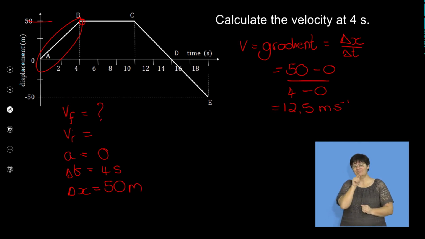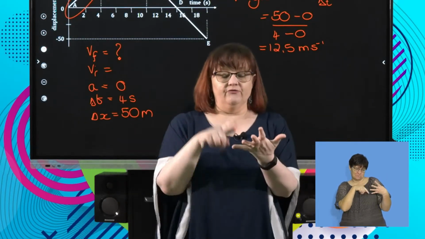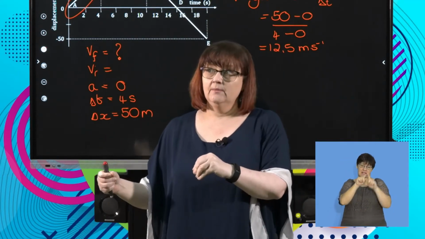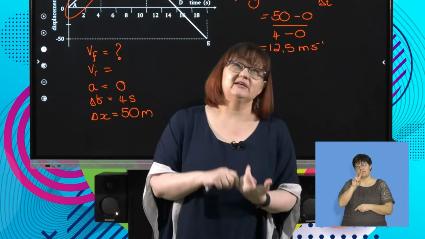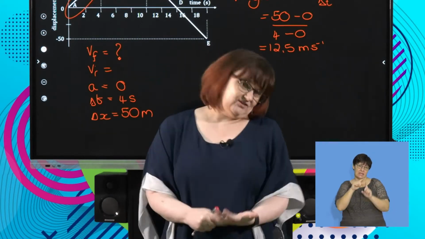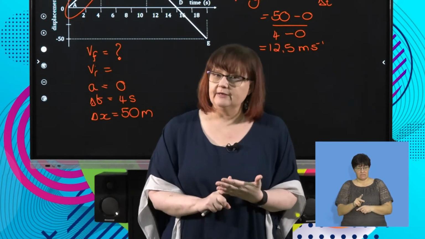The issue is that I want VF, okay? So when we think of the equations, we've got a few that we could use, because we've got VF equals VI plus A delta T, but A is 0, so that's not going to help me. We've got VF squared equals VI squared plus 2A delta X. That's not going to help me. Then I've got delta X equals VI delta T plus a half A delta T squared.